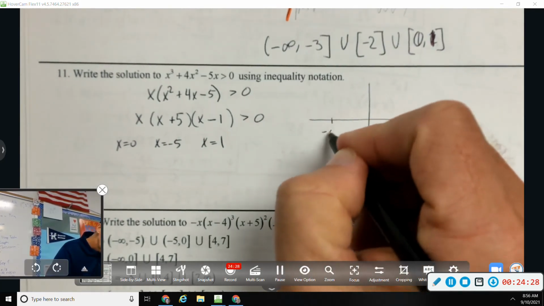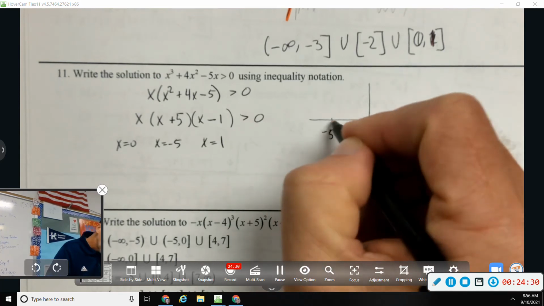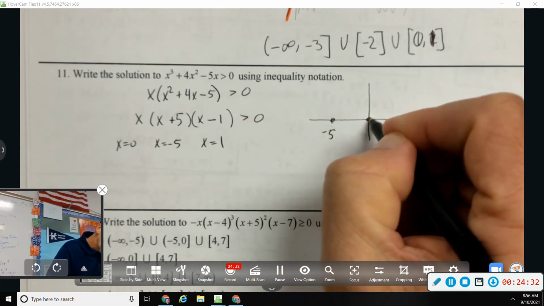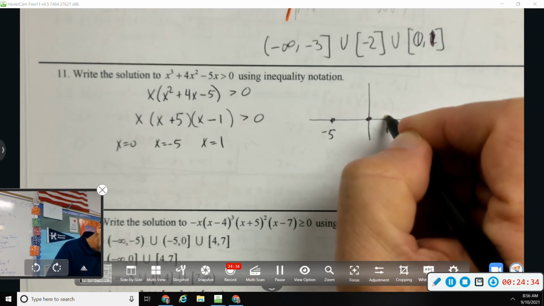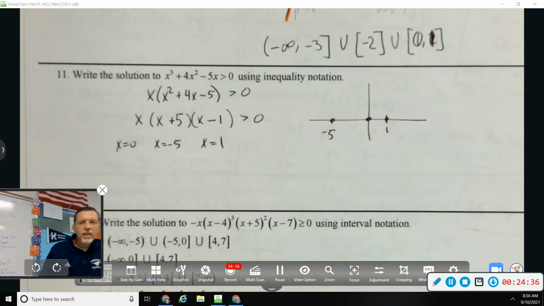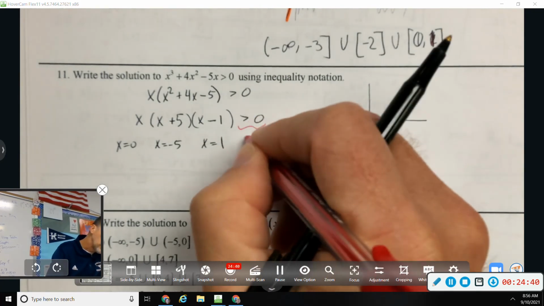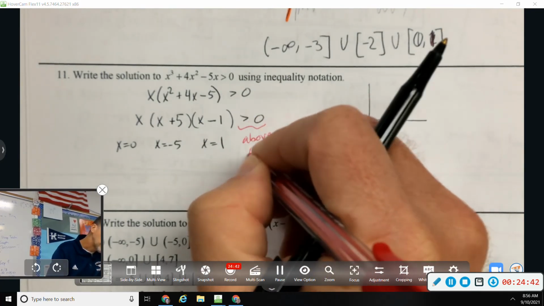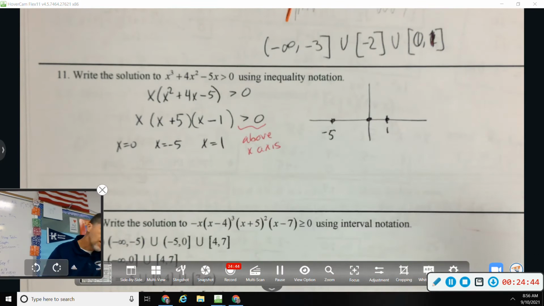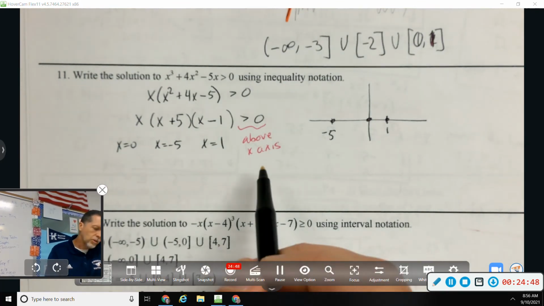So -5, 0, and 1. And my graph doesn't have to be perfect because I'm just trying to figure out where this thing is above the x-axis. Okay, I don't have any roots, so I don't have any bounces.